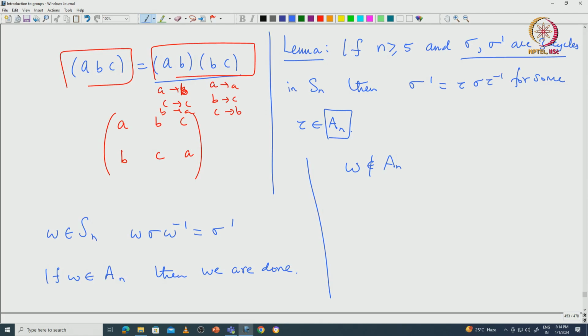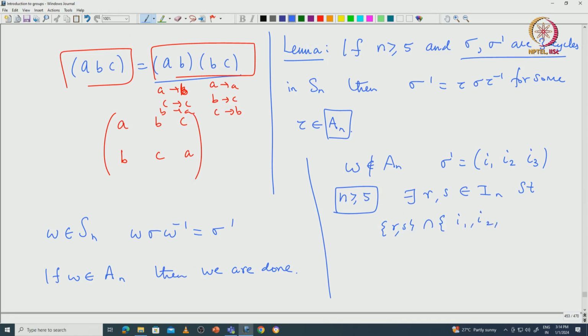So, what we can do, since n is greater than or equal to 5, you write this sigma as some (i1 i2 i3). Okay. Now, you can choose r, s in In such that r, s are different from i1, i2, i3. So, this (r s) is disjoint from (i1 i2 i3).